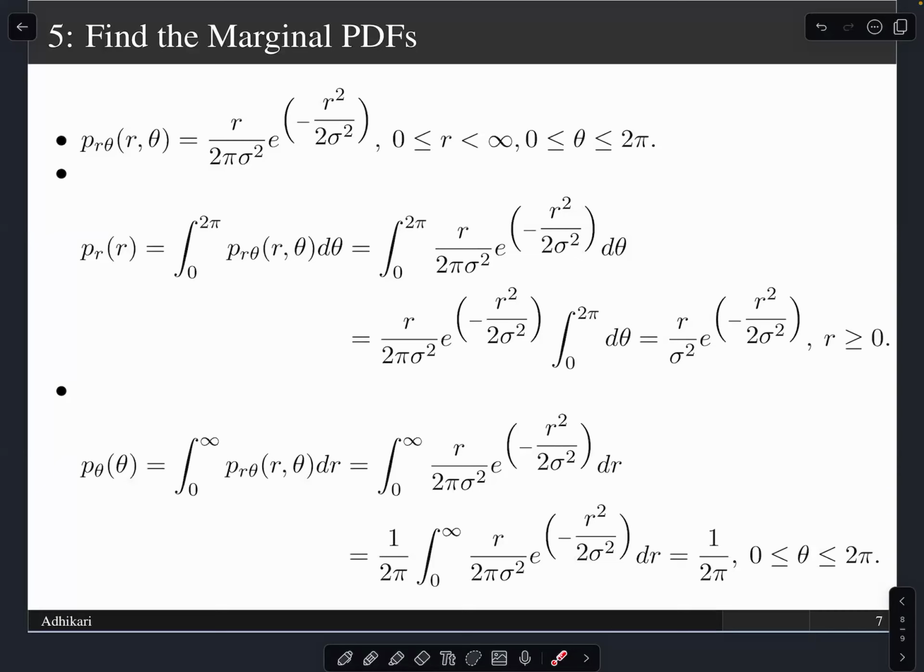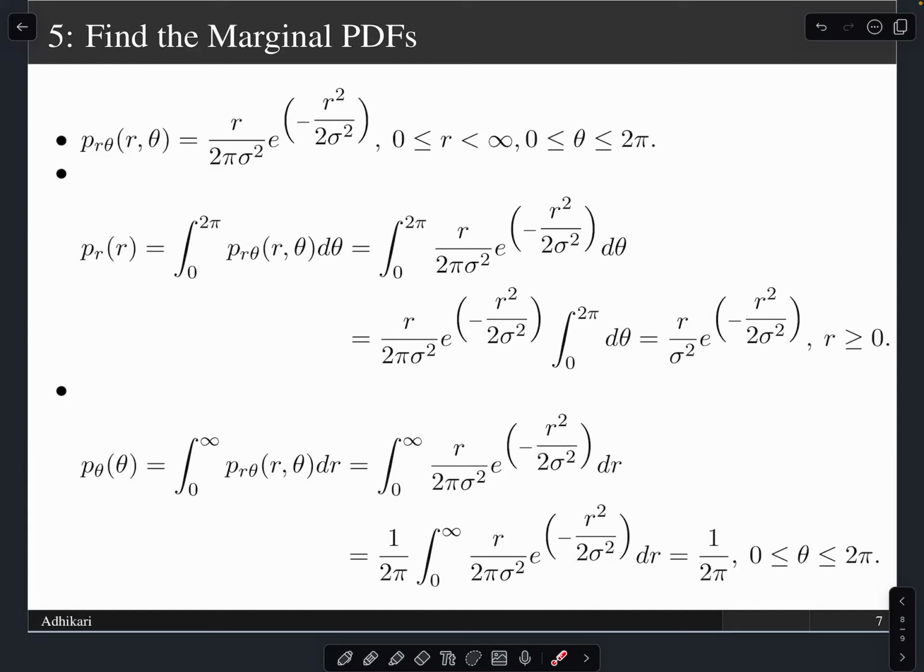All this is going to be a constant since we're integrating with respect to theta, so it can be pulled out of the integral. Integrating this, we get 2 pi, which will cancel the 2 pi over here. And this, a function of r, is going to be the PDF of just r. The range for r is greater than or equal to 0.